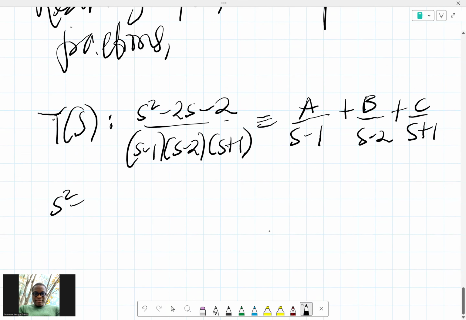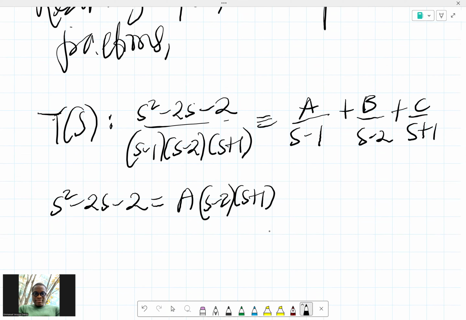So we have s squared minus 2s minus 2 equals a into s minus 2, s plus 1, because s minus 1 cancels out. So b into s minus 1, s plus 1, because s minus 2 cancels out, plus c into s minus 1, s minus 2.